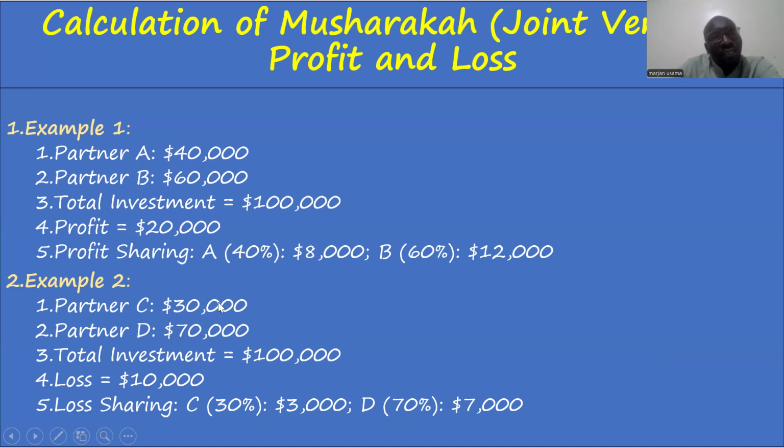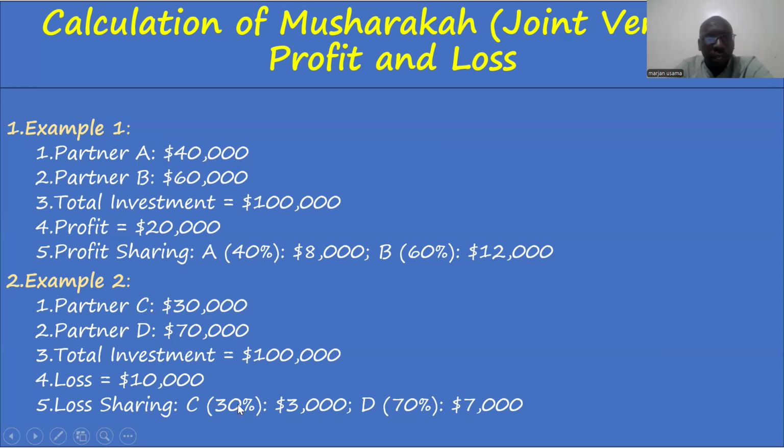Example 2. Two people come together. So here we have 30,000. The other one gives a capital of 70. The total investment is 100,000. But here there is a loss. We don't have a profit here. So how are they going to share the loss? The loss will be based on the capital, their initial capital.